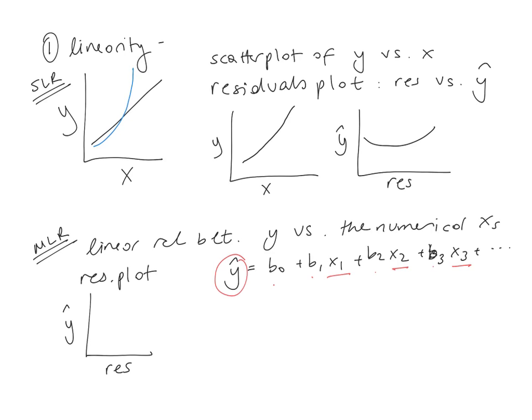Now, if this plot looks good, then you're good. The linearity condition is satisfied. But what if this plot looks bad? What if this plot looks something like this? Okay? Now what we decide is the linearity condition is not satisfied. The next question might be, can I figure out which one of my explanatory variables might be causing this?